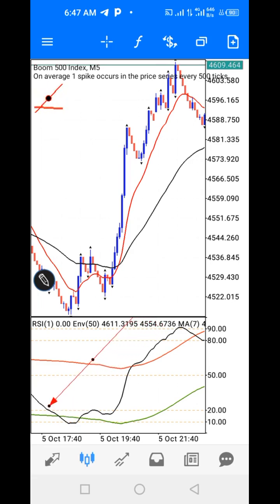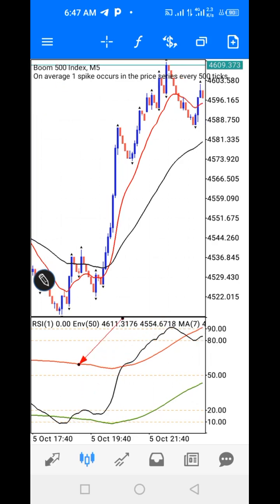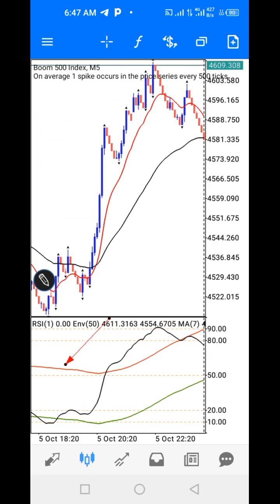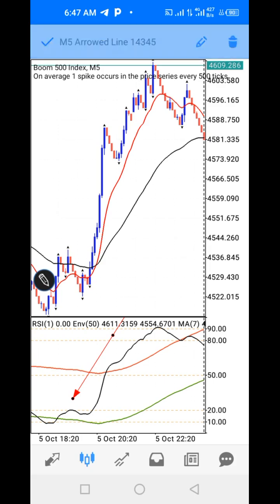So anytime it is at this 10 level, you can start to place your buy. They can cross, right? But once the two are at 10 level, you place your buy. That's the confirmation you look for on your indicator window.